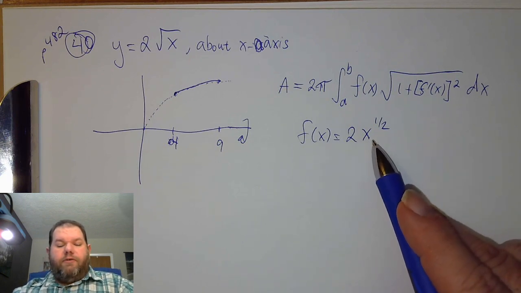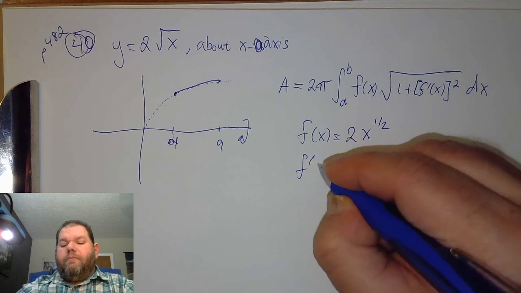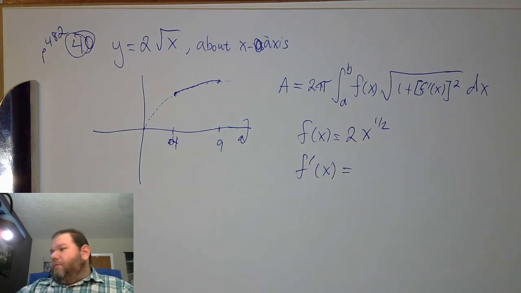What would be the derivative of 2x to the 1/2? Does anyone have that?